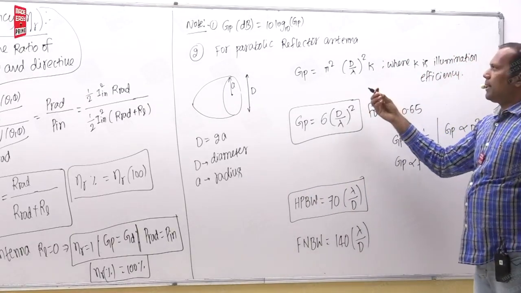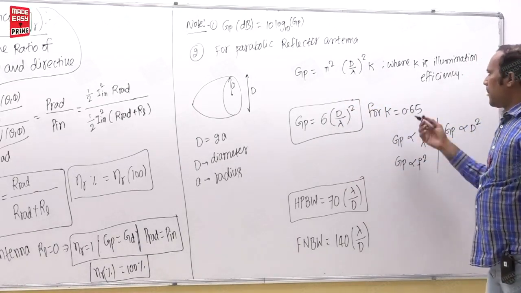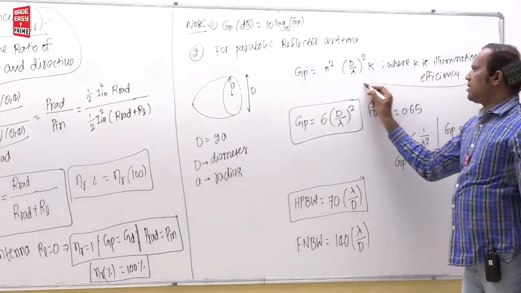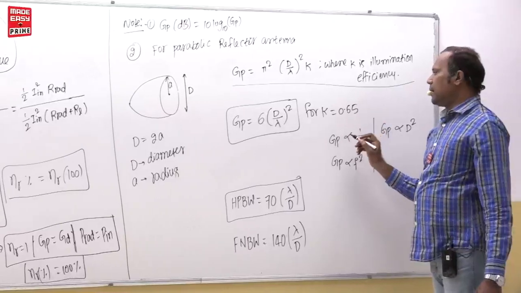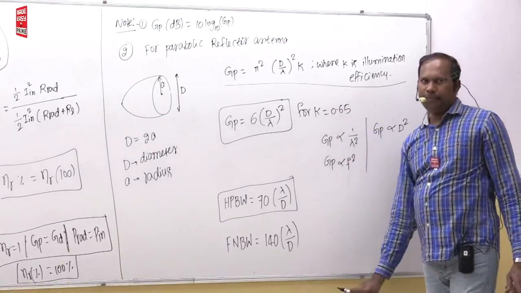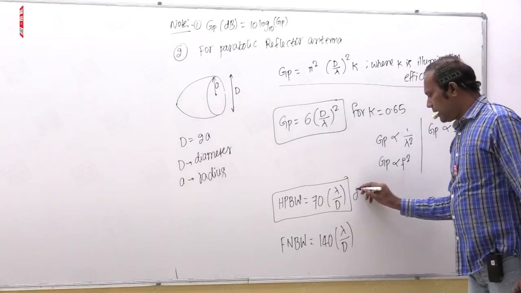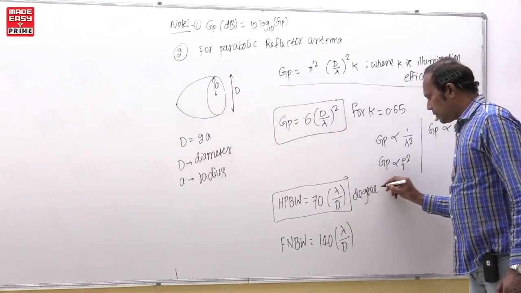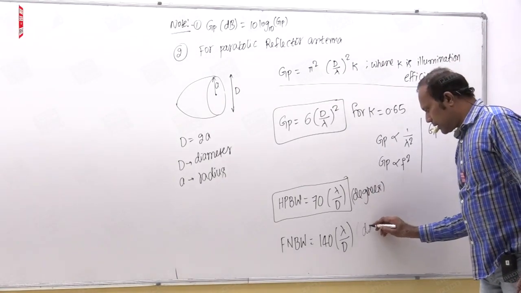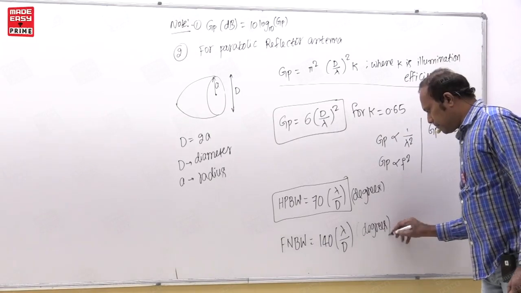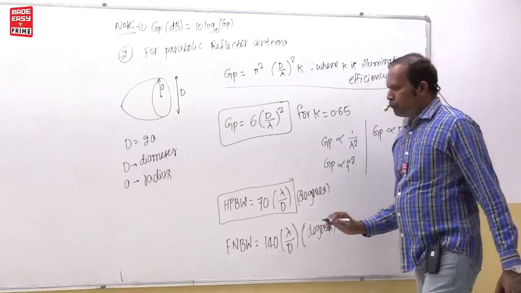So for a parabolic antenna, the power gain is 6 into (D by lambda) square, where K is the illumination efficiency. This is the general formula, and for practical purposes K is 0.65. Note down this one. This 70 is a number, and it is in degrees, not in radians.